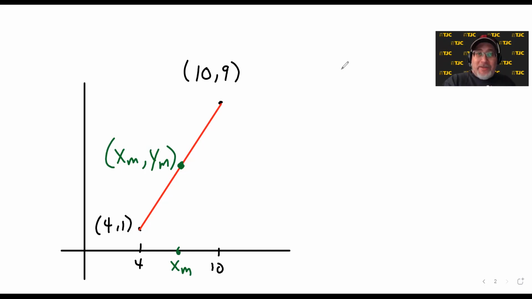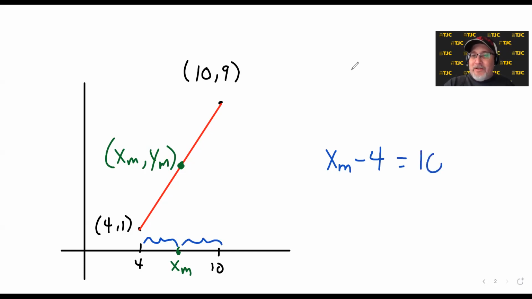So if we were to look at this picture down here, then the distance between 4 and xM would just be xM minus 4. That's how far apart they are, greater minus the lesser. But that should equal the distance from xM to 10, and that distance would be 10 minus xM. Well, we end up having a linear equation in 1 variable, just xM. So we can solve this like we did before.